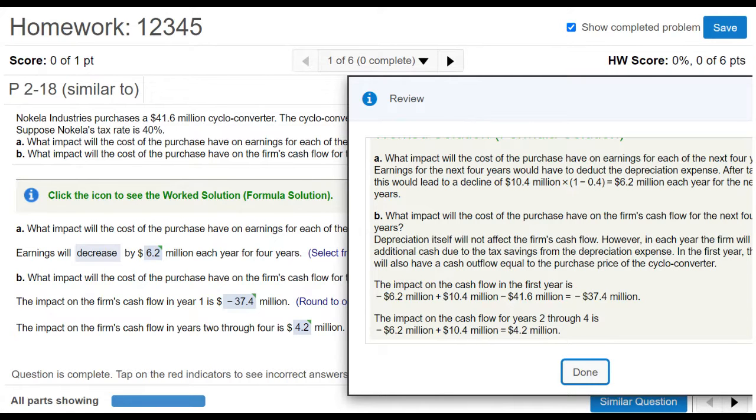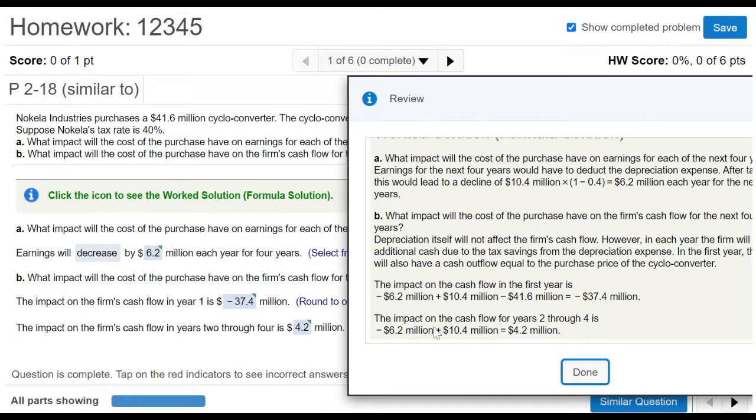When you work in a firm, you can't just make up numbers. You have to show them how you came up with this 4.2, right? The way we came up with it is that it's negative 6.2, which is what we're able to charge to the deal on our cash flow.